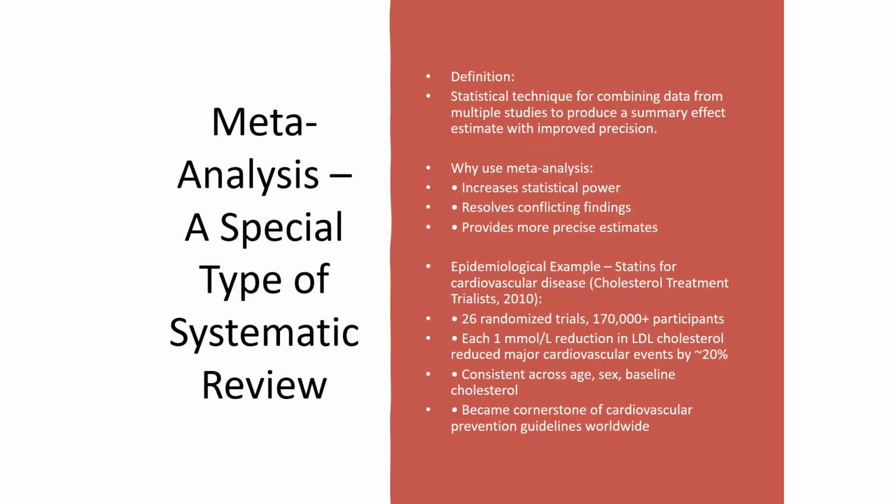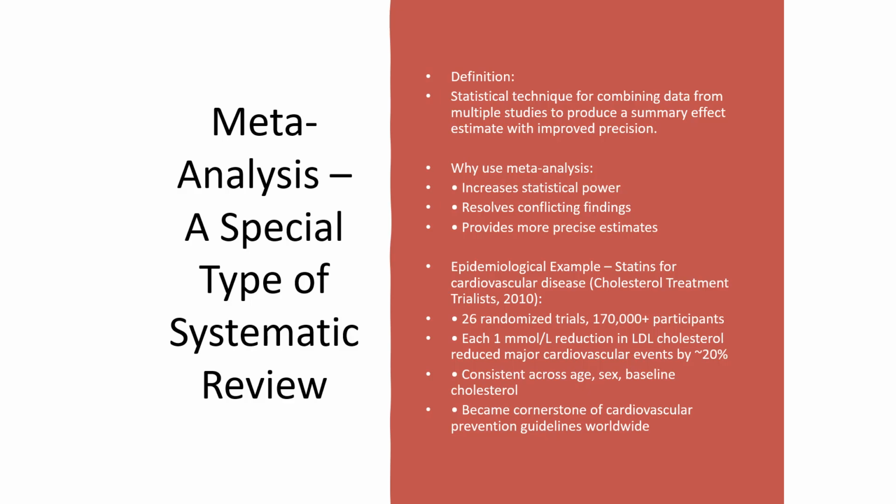Meta-analysis is a special type of systematic review. Instead of just summarizing findings qualitatively, meta-analysis uses statistical methods to combine data from multiple studies into a single summary estimate. Why would you want to do that? Two reasons.